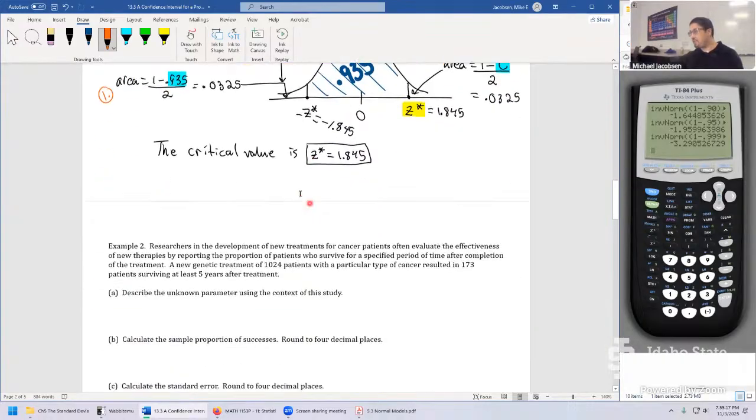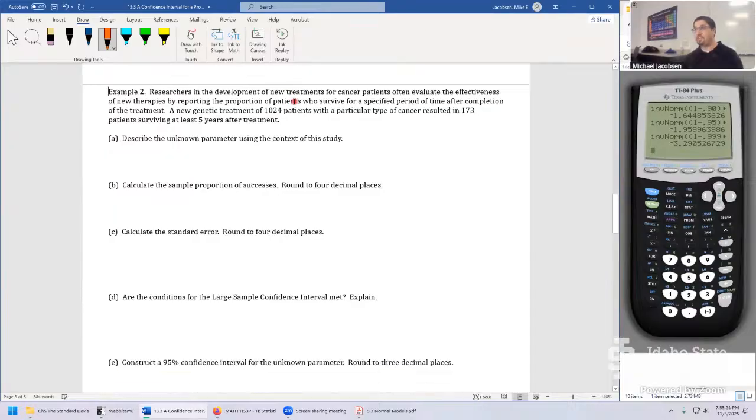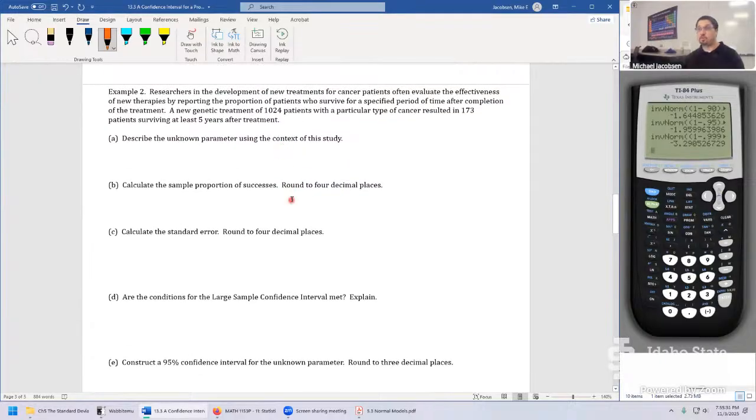Okay, let's work this out then on this next problem. Again, it's kind of a simple context. We've seen this context before. I've changed some of the numbers to a really large sample size, 1,024 patients. But the purpose of this example again is just so we can focus on the method itself before the context gets too hairy.